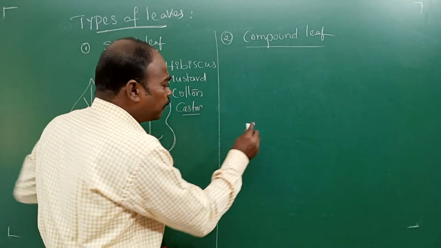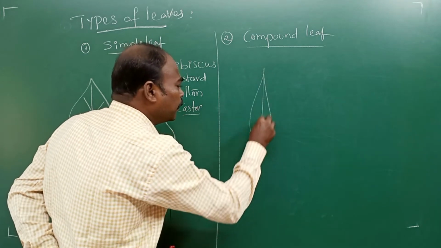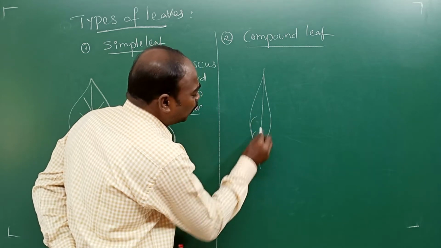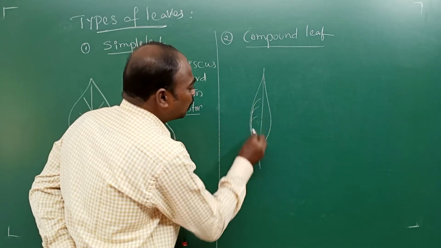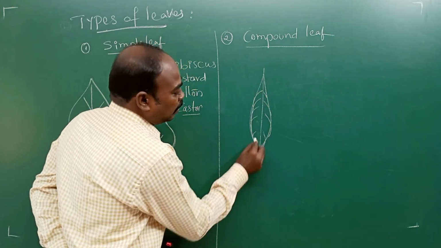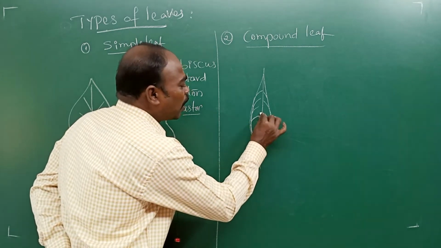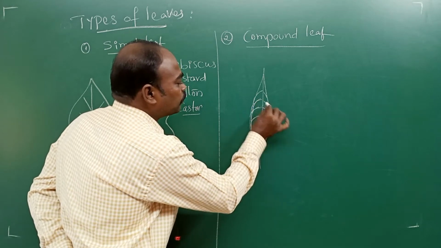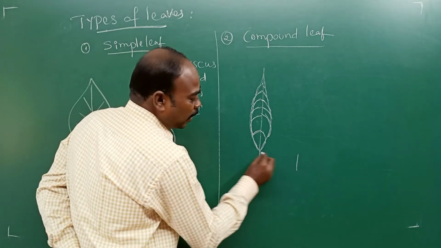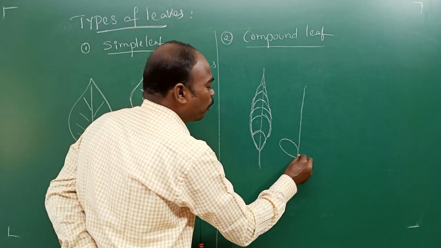Then what is a compound leaf? Let us observe. When the incisions of a simple leaf go up to the midrib and cut the leaf into several bits, the simple leaf now has a number of bits.